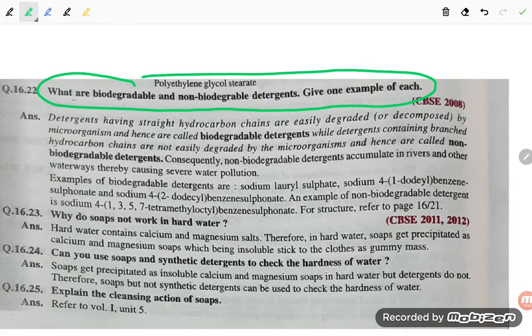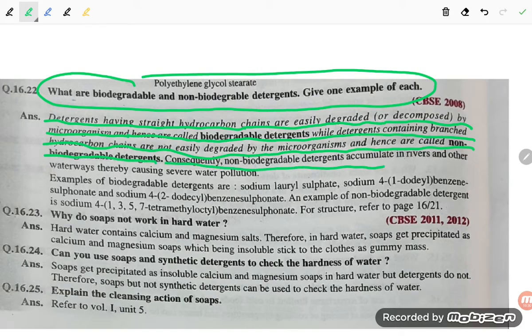Detergents having a straight hydrocarbon chain are easily degraded by microorganisms and hence are called biodegradable detergents, while detergents containing a branched hydrocarbon chain are not easily degraded by microorganisms and hence are called non-biodegradable detergents. Consequently, non-biodegradable detergents accumulate in rivers and other waterways, causing severe water pollution.